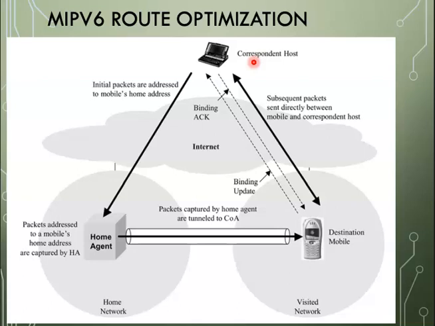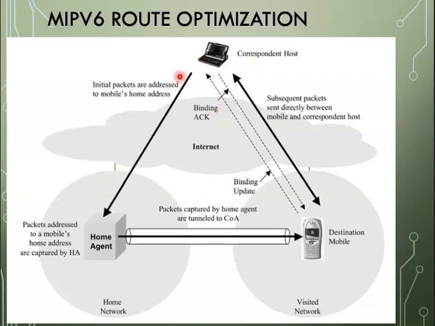And when an IPv6 terminal wishes to send a packet to another IPv6 terminal, it needs to check its binding cache first to see if it has a binding for that destination. And if it does, it can address the packet to the destination's care of address directly. If it does not have any binding for the destination, it will address the packet to the destination's home address.